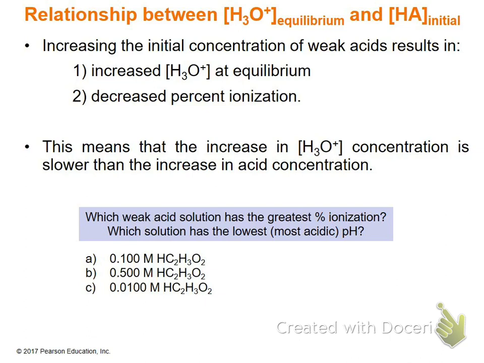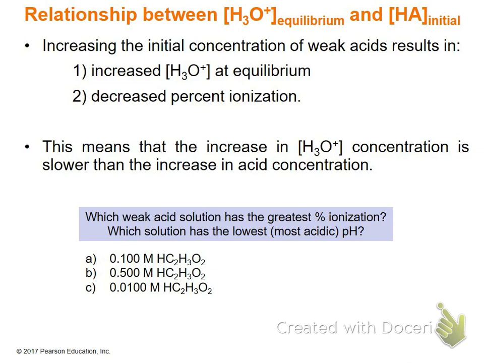What happens to the concentration of the hydronium ion if you were to increase the concentration of the acid? All right? So increasing the initial concentration of weak acids results in the increased concentration of the hydronium ion at equilibrium, but decreased percent ionization. So that means that if you were to increase the concentration of the weak acid, you're actually lowering the percent ionization.